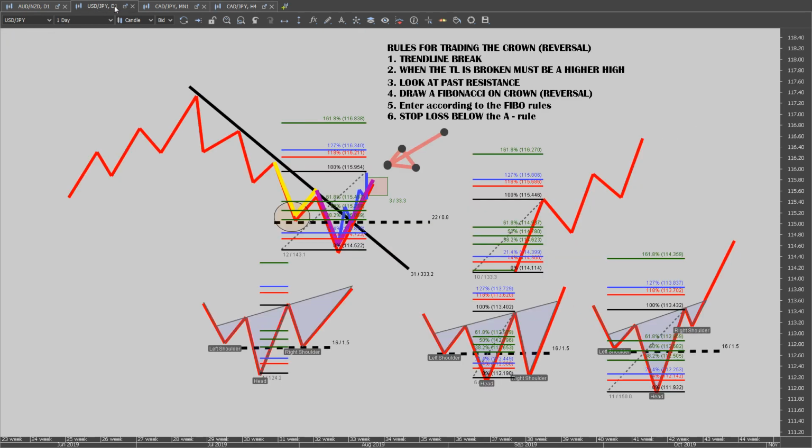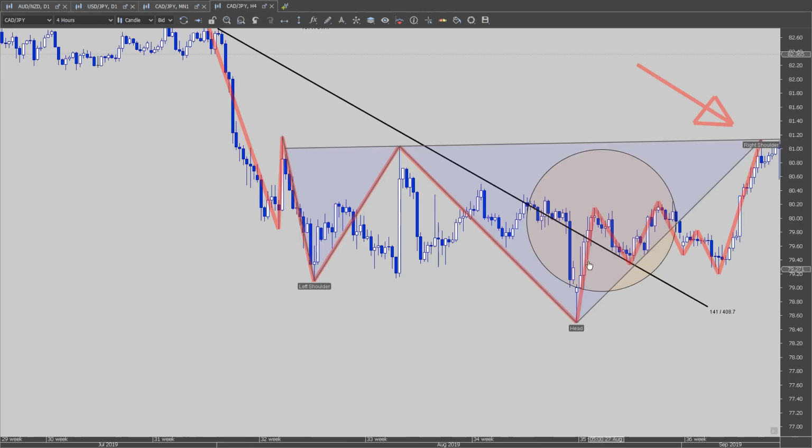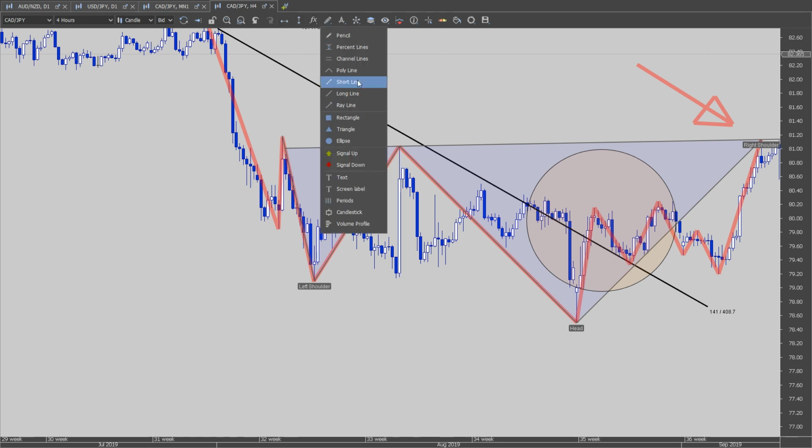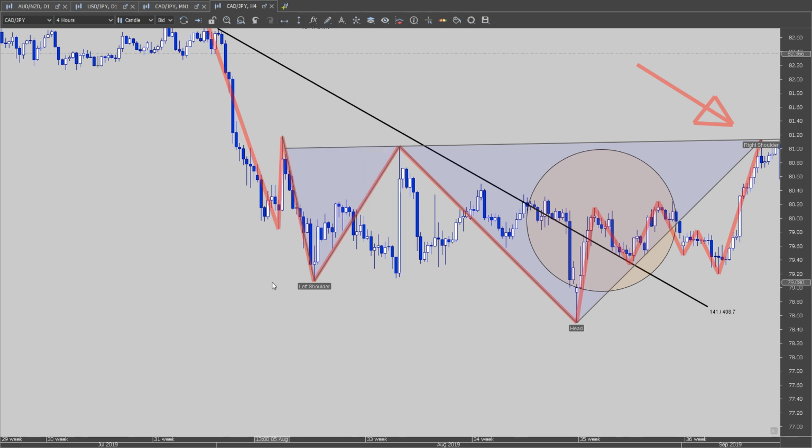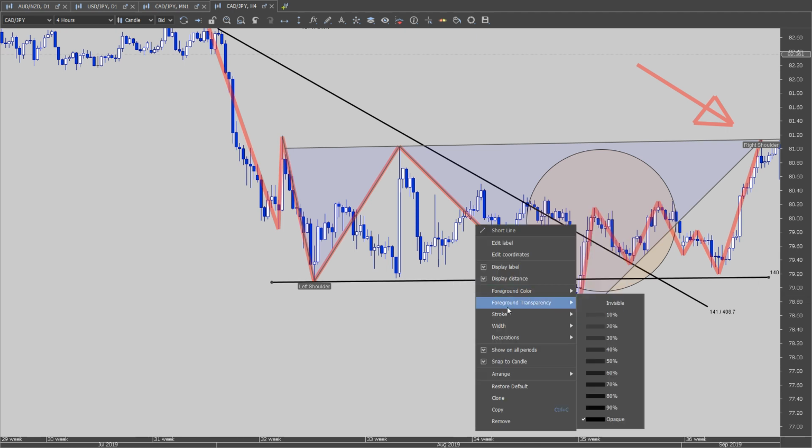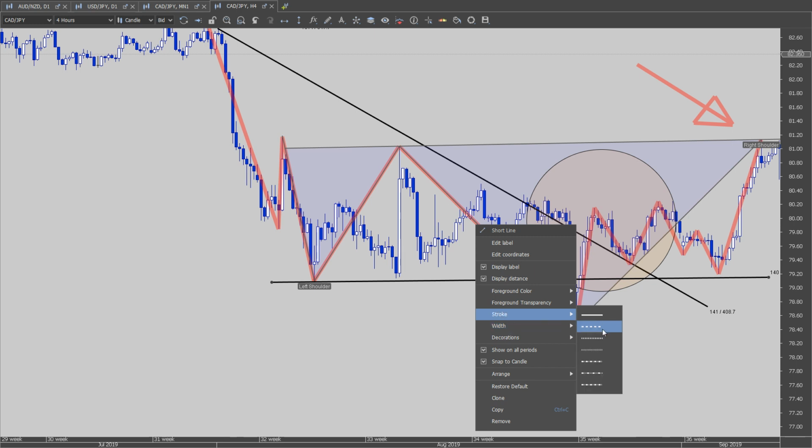Check. Number three, look at past resistance and draw a Fibonacci on a crown reversal. So past resistance, everybody, is here. So this is the left tip, and past resistance is here, as you can see. This would be the example.